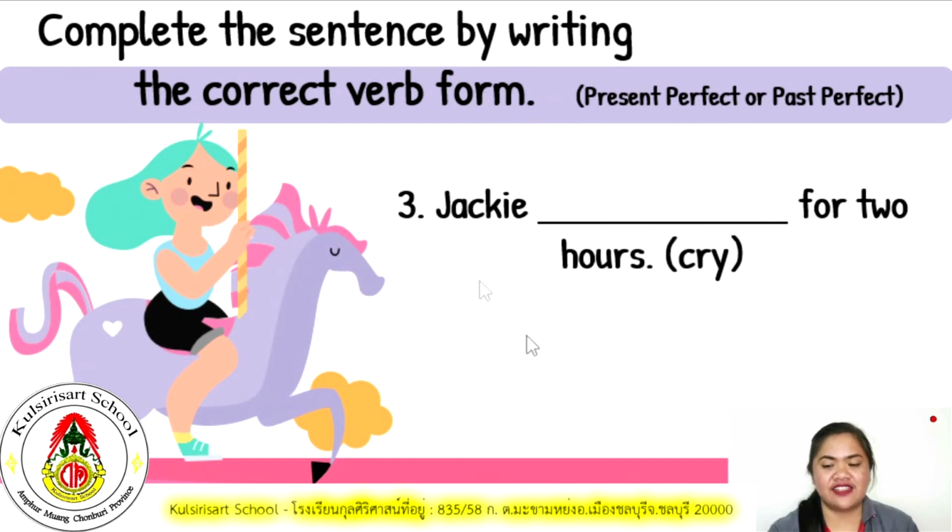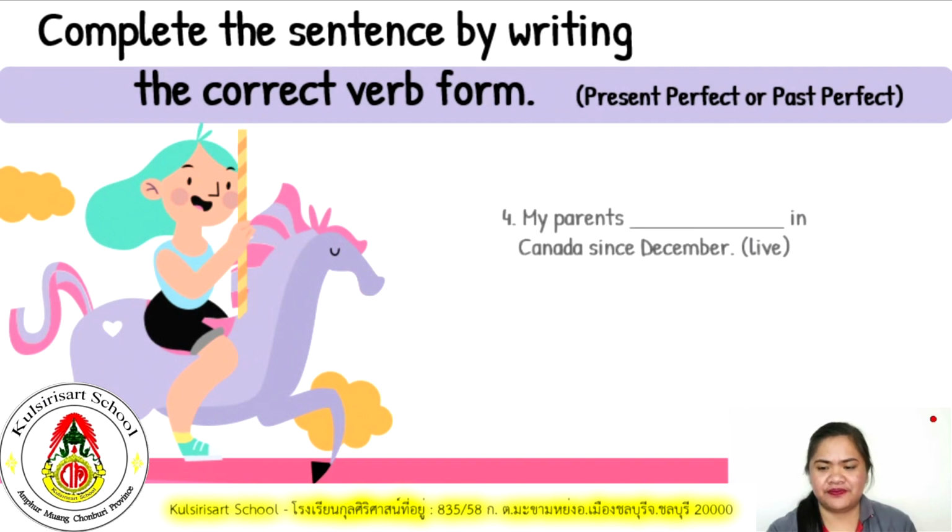Next, number 3. Number 3 says, Jackie blank for 2 hours. What do you think is the correct answer for this? Very good. Has cried. That's good. Next, number 4.